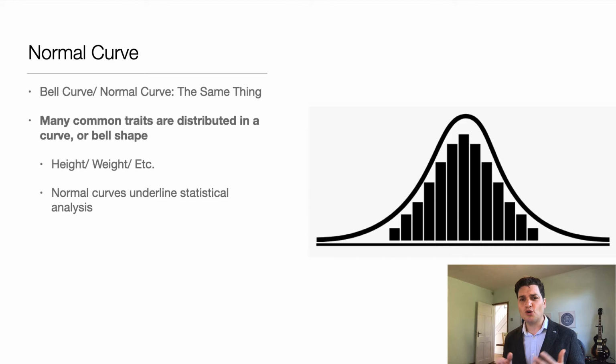When you think of what a person looks like, the amount of body fat and so on, that's what I mean, that part in the middle. So have lots of people that size. So the normal curve, just the distribution of how many people fit into each category, underlies almost all statistical analysis.